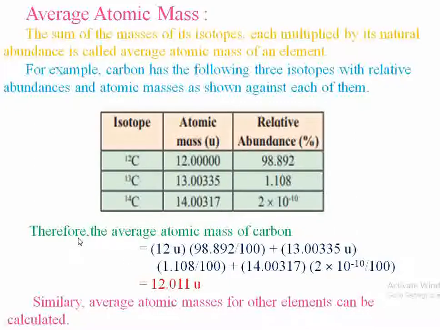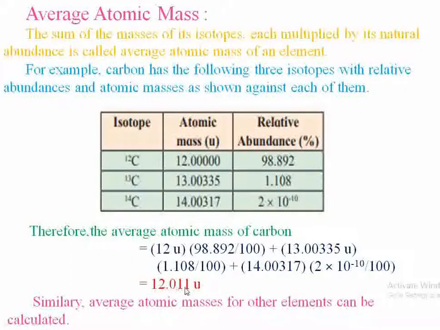mass. For example, the average atomic mass of carbon equals 12 into 98.892 divided by 100, because this is a percentage, plus 13.00353 into 1.108 divided by 100, plus 14.00317 into 2 into 10 raised to minus 10 divided by 100, and this equals 12.011 unit.